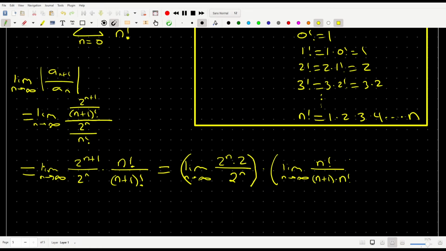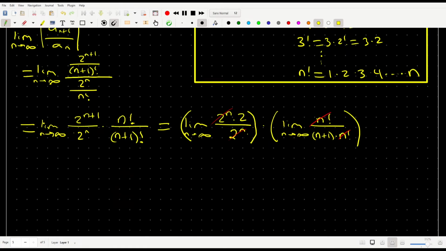And this is by the definition of the factorial function. And for both of these, we get some nice cancellations. For the first one, 2 to the n divided by 2 to the n cancels out, just 1. And n factorial over n factorial also cancels out. So this first limit is going to be 2, and the second limit is going to be the limit of 1 over n plus 1 as n goes to infinity, which is 0.